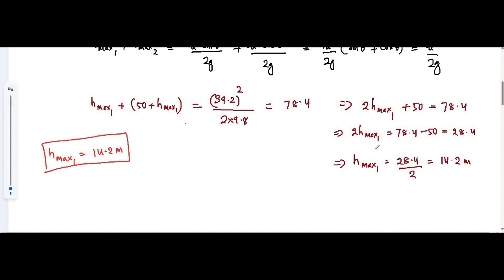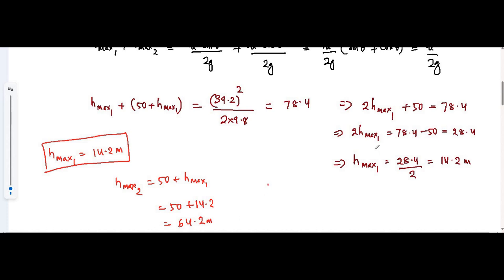Then H max 2 is 50 meter higher than H max 1, 50 added with H max 1. So it is 50 plus 14.2, that is equal to 64.2 meter.